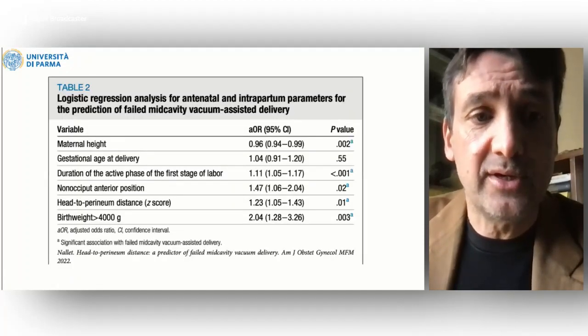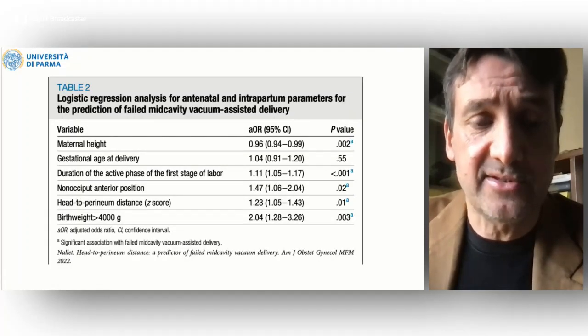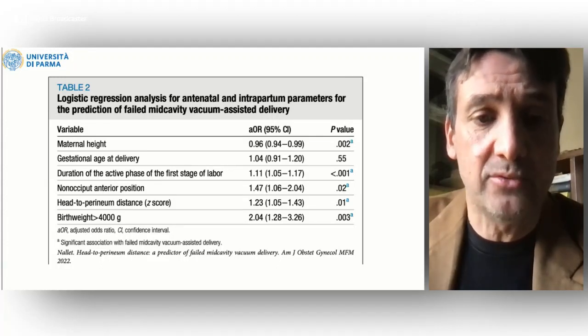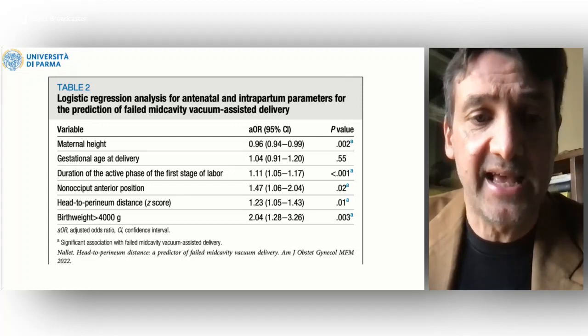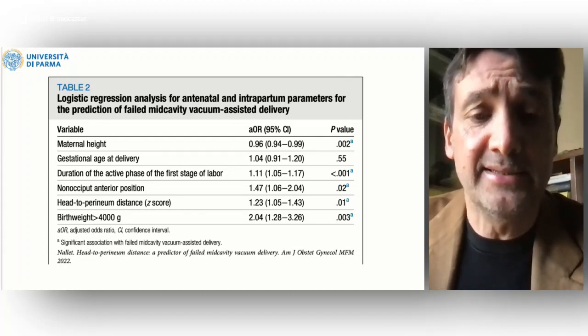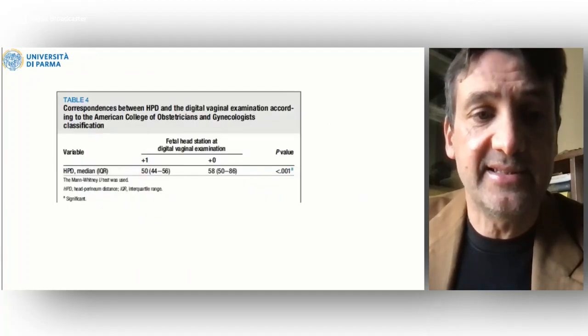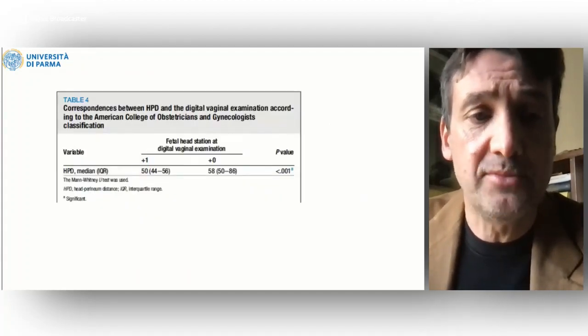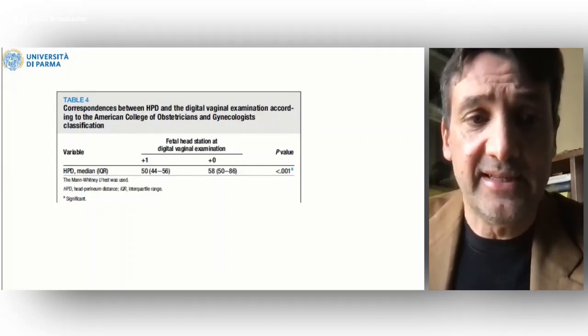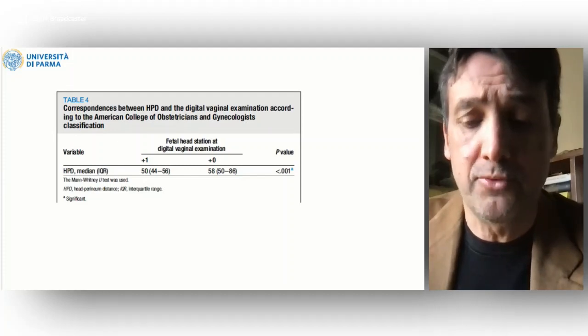As you can see, the head-perineum distance, so the station measured at ultrasound, was a significant predictor of the outcome of this mid-cavity vacuum-assisted delivery, while the clinical station is not included among the predictors. Interestingly, if we compare the measurement of the station at ultrasound and the digital examination, the ultrasound measurement was much more accurate.